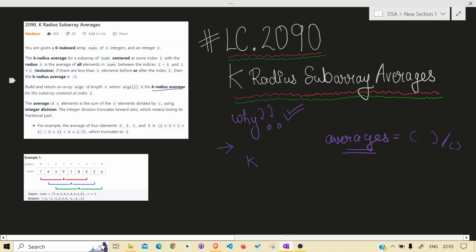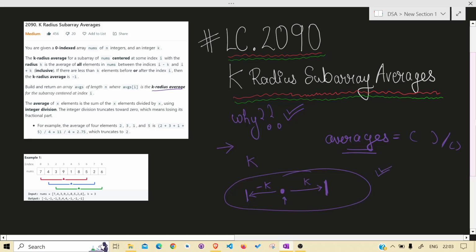How is the k radius defined? It is a point, with plus k on this side and minus k, or we can even say plus k on this side also. If you draw this on your paper, you can get the intuition.